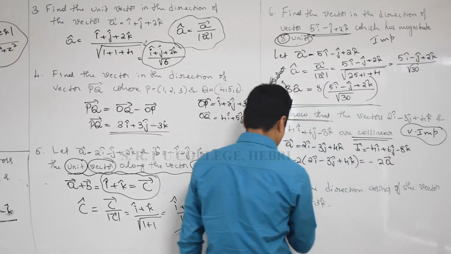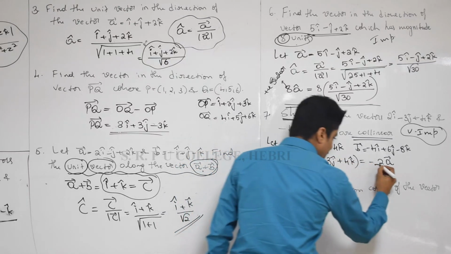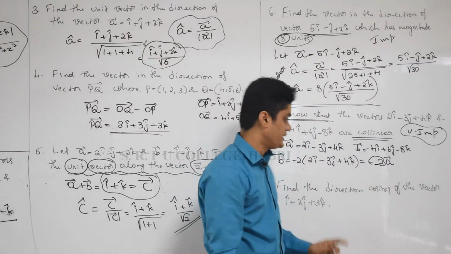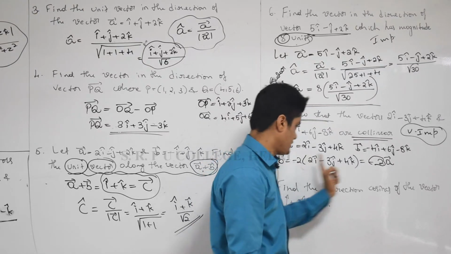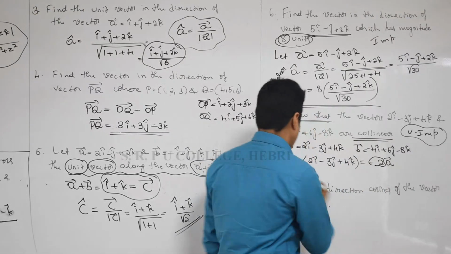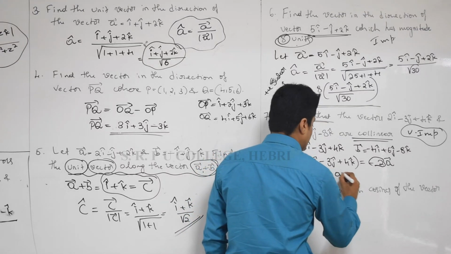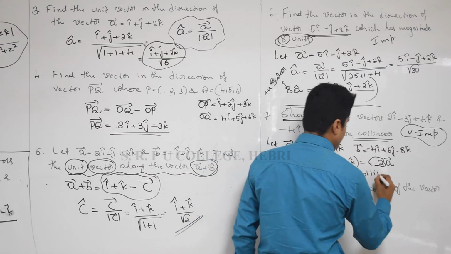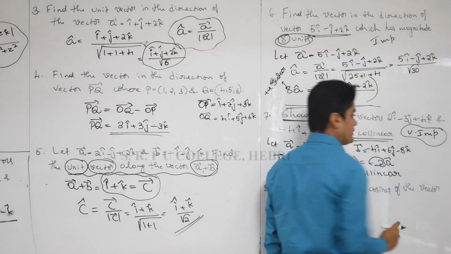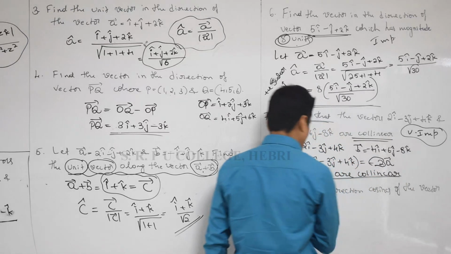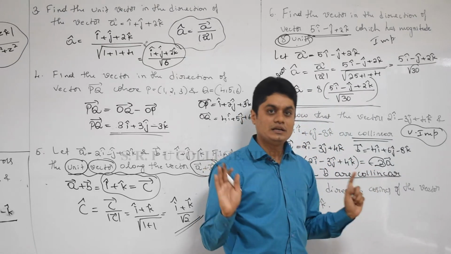So when you are able to write one vector as a multiple of another vector, whether it is a positive multiple or a negative multiple, don't worry about that. If you can prove that a vector is a multiple of another vector, 100% you can write that those two vectors are collinear. No other proof is needed.